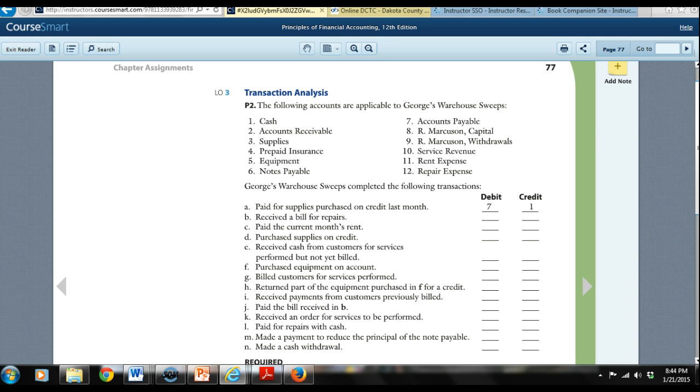When we make a cash withdrawal, what are we going to do? We need to debit something, we need to credit something. We need to credit cash, but we now need to debit something. What would we debit? R. Markuson withdrawals, number 9.